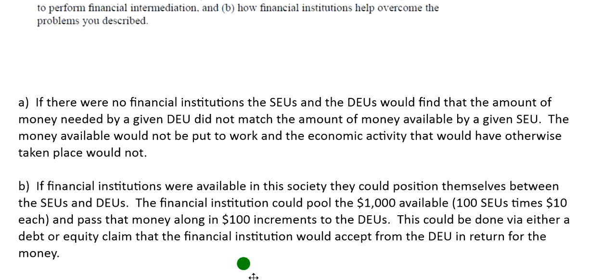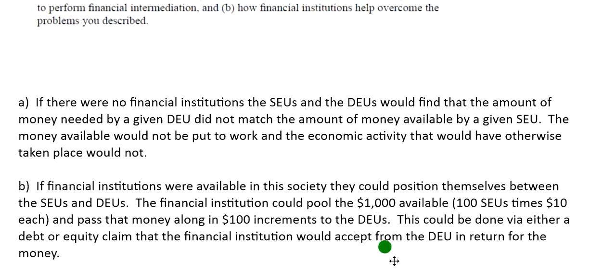The financial institution or bank would pool all of the separate deposits from the smaller surplus economic units, typically households, and pass that money along in larger increments to the deficit economic units.